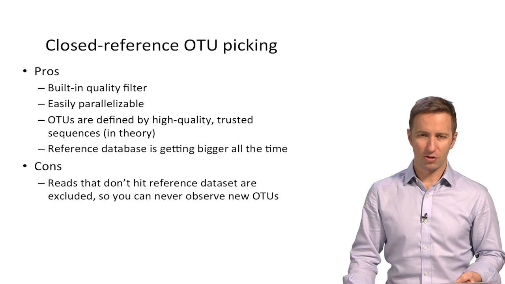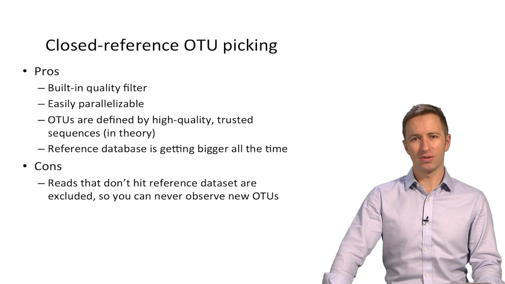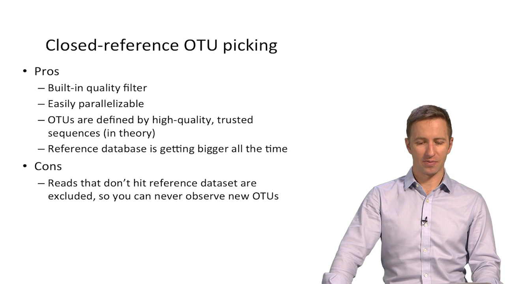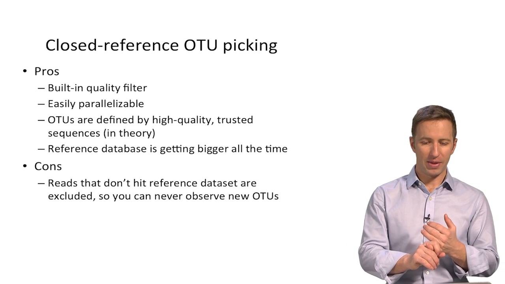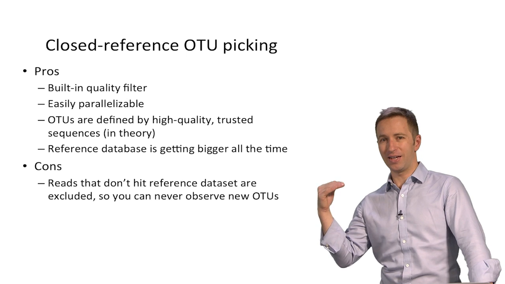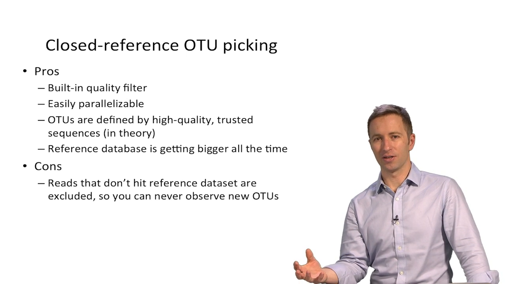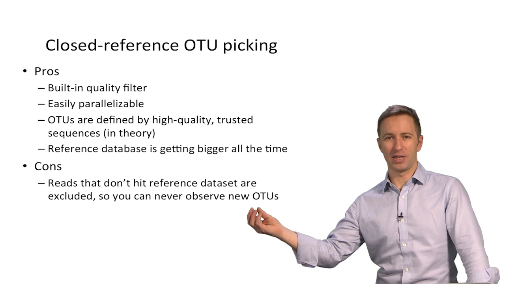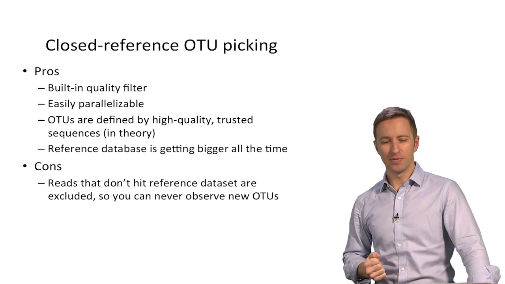In a typical human gut sample, you can get maybe 95% of the sequences to match something in a reference database. So a benefit of closed-reference OTU picking is that it has a built-in quality filter. If you have erroneous sequences because of sequencing error or PCR error, they're not going to hit the reference database. It's also, as I said, easily parallelizable.